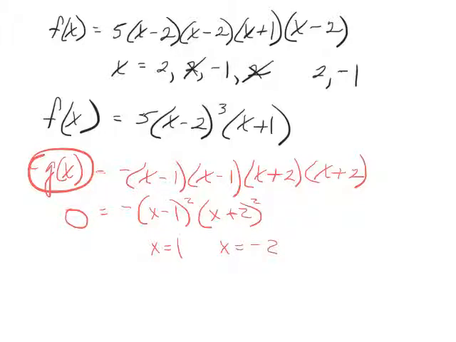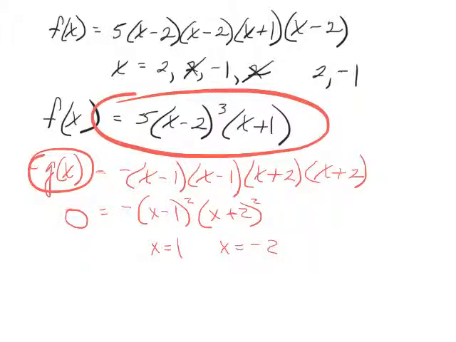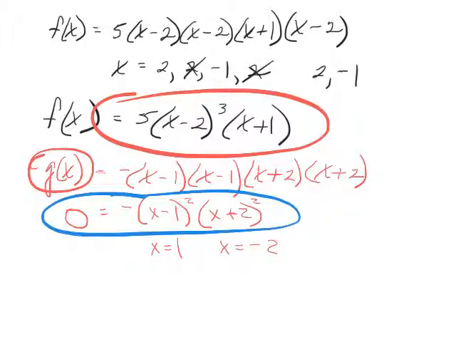Now, let's look at how many times the zeros of a function happen in both this example and this example here. Okay, we're going to look and see how many times it happens. X minus 2 occurs 3 times. X minus 1 occurs twice here, and x plus 2 occurs twice here. In a case like this, we see that the 0 we obtain from this factor 2 has a multiplicity of 3.